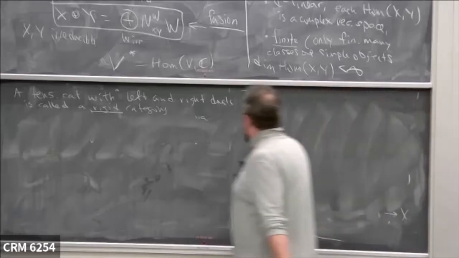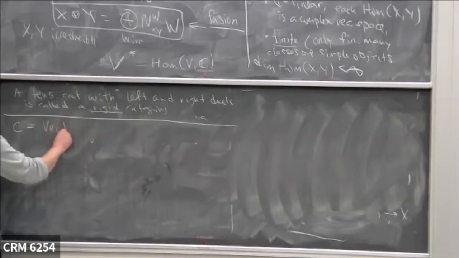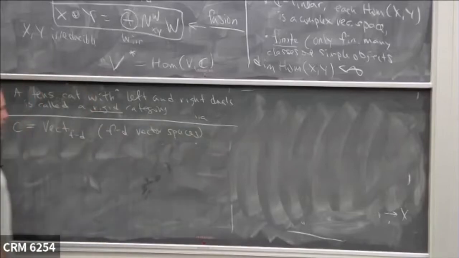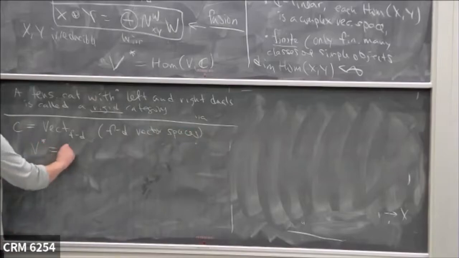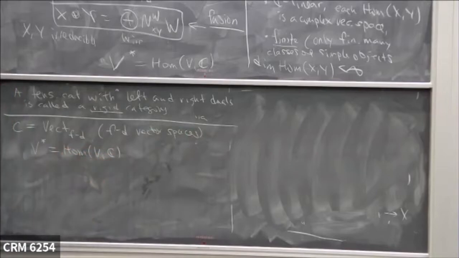We have to live with this. So what would be an example, and why are these maps called evaluation and co-evaluation? Let's take the simplest possible category, the category of finite dimensional complex vector spaces. Here, as we know very well, the dual of an object V of a vector space does exist. And our evaluation map is what one would expect.